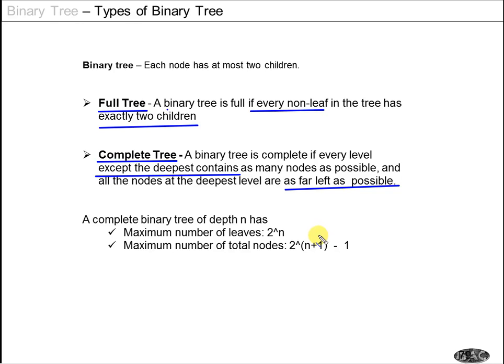A complete binary tree of depth n has these properties. Maximum number of leaves is 2 to the power n and maximum number of total nodes is 2 to the power n plus 1 minus 1.